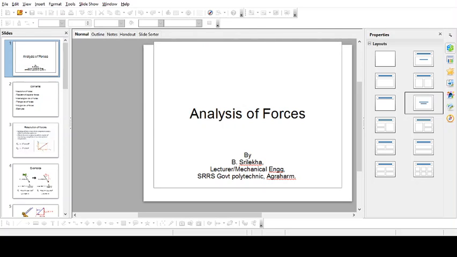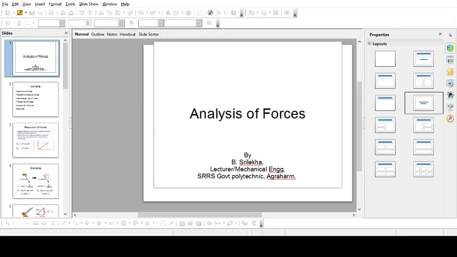Next, resultant of coplanar forces. Say if two forces are acting, then what would be a single force that will replace the effect of these two forces, that is resultant of forces.